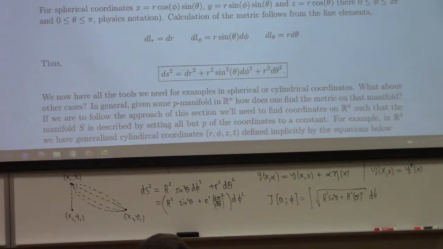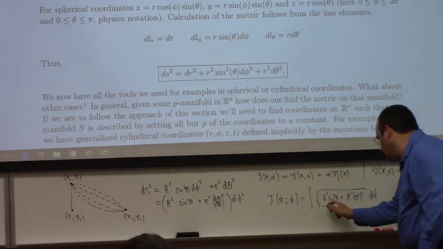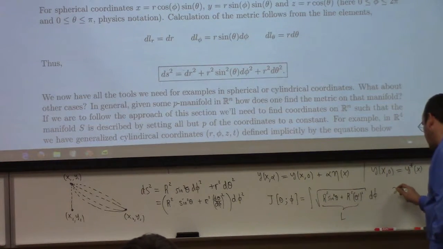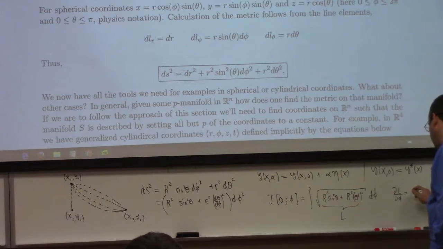So to find geodesics on the sphere, I could look at the Lagrange equations which come from this. If this thing is L, I'd look at partial L, partial theta equals d d phi of partial L, partial theta prime.